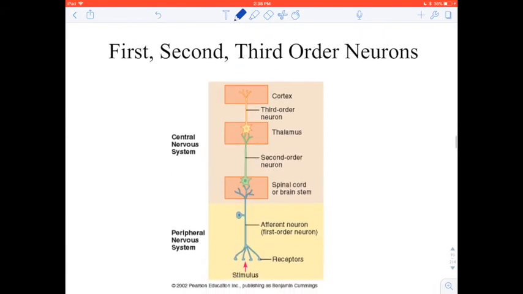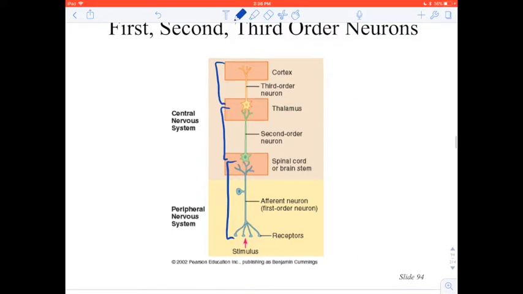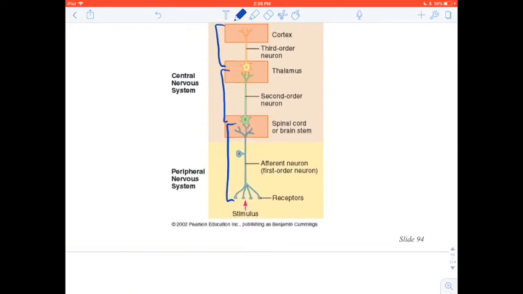Remember how we talked about this, we don't even have to go through this slide now because we already talked about it. Peripherally, we have first order, then inside the central, we have second and third order. That's just the general outline. Then again, depending on which track, these areas will change.